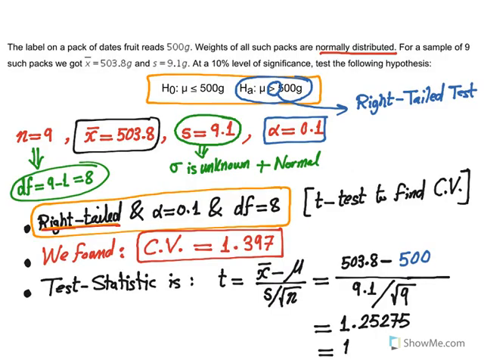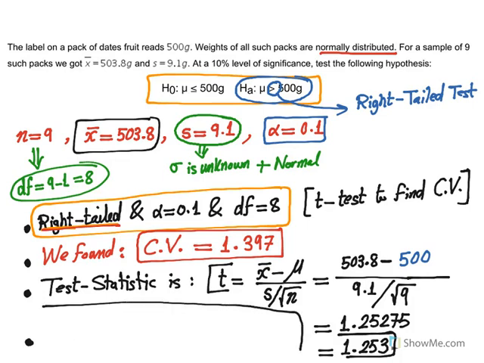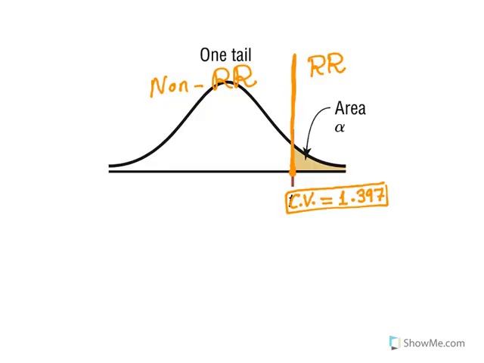So this would be 1.25 and then 7 after the 2, so it becomes 3. 1.253. So the last thing that we have to do is to either reject or not reject the null hypothesis. So I'll leave this in a box, and we will figure it out by going here.